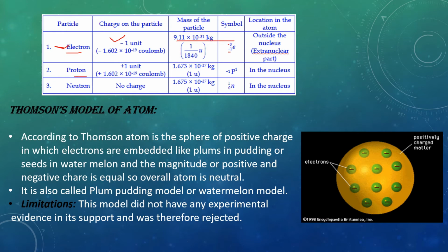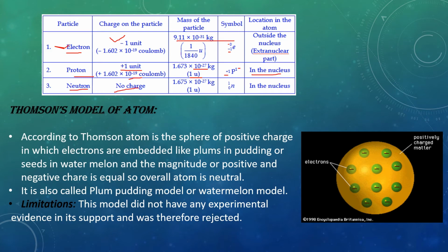Now proton has +1 charge, that is +1.602 x 10^-19 coulomb charge, and its mass is 1 u, that is 1.673 x 10^-27 kg, and its symbol is 1p1. +1 is the charge and 1 is the mass, and its position is inside the nucleus. Now the third particle is the neutron, which we will study further.